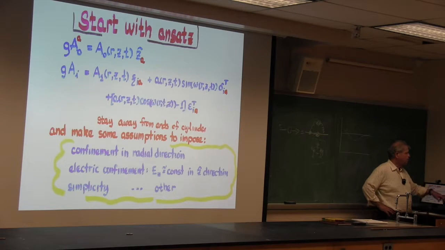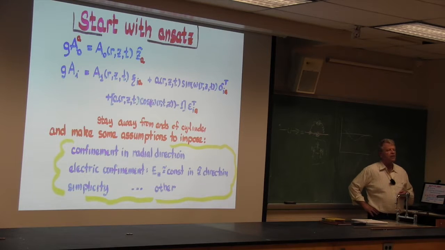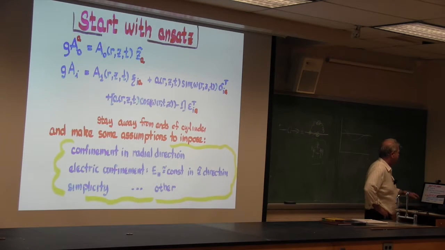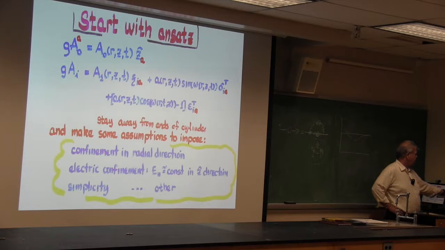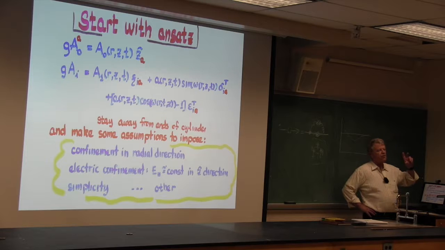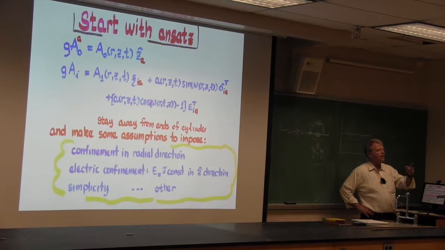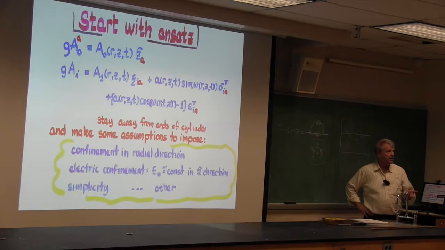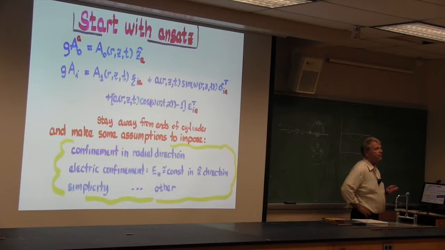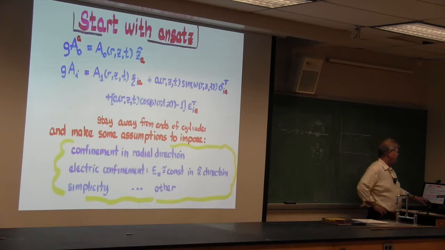And therefore, if you start with the ansatz for the gauge field like this, you'll notice that there are a big A0 and A1. So I'm going to have an abelian theory along the z-axis, and the transverse degrees of freedom will take care of the nonlinearities of the SU2 thing.